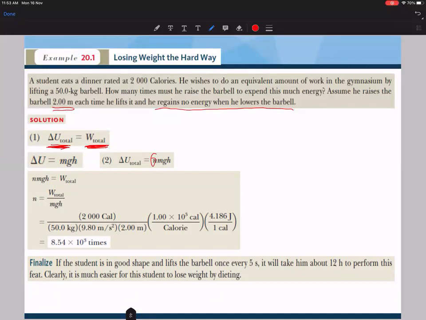So here is the calculation. Total work done is equal to nmgh, considering the total amount of energy to be consumed is 2,000 calories. So, let me see, 1 calorie is 4.186 joule, and 2,000 of them.